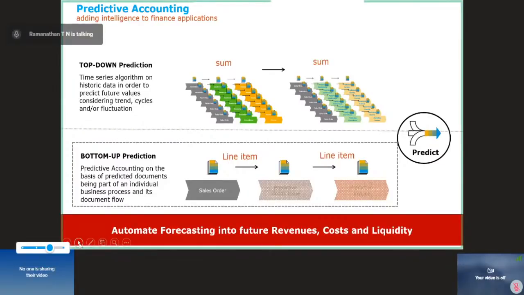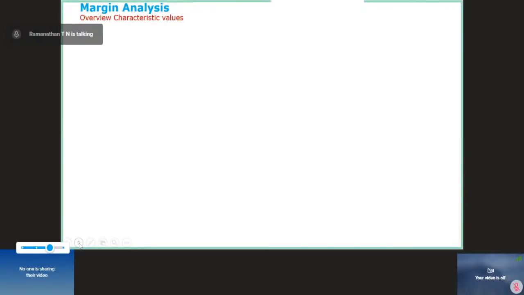So you can bring in those elements of those changes, give those algorithms so that at a top-down prediction, we can have the predicted revenues, profitability, all that being planned on an accelerated basis, so that we are able to get to an effective decision making. So these are all something which are provided today, right?